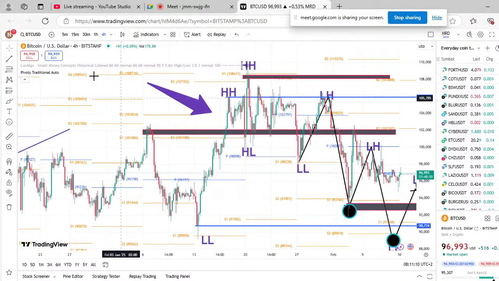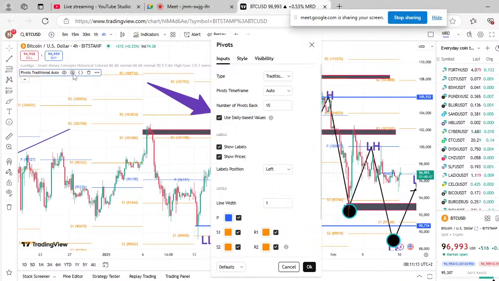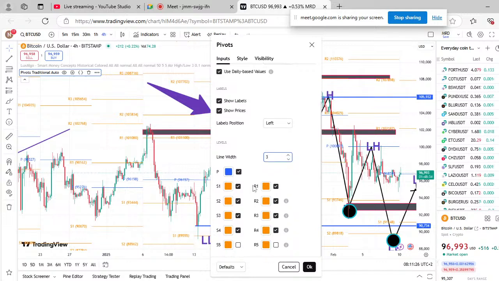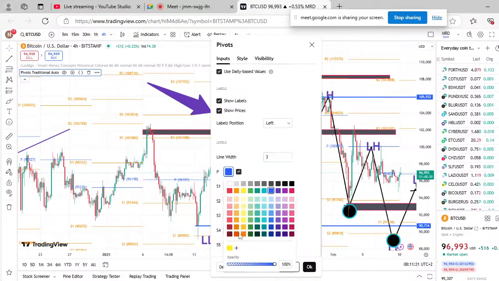So let me increase, on widths. I want to make them big. Okay, I want to make them big.